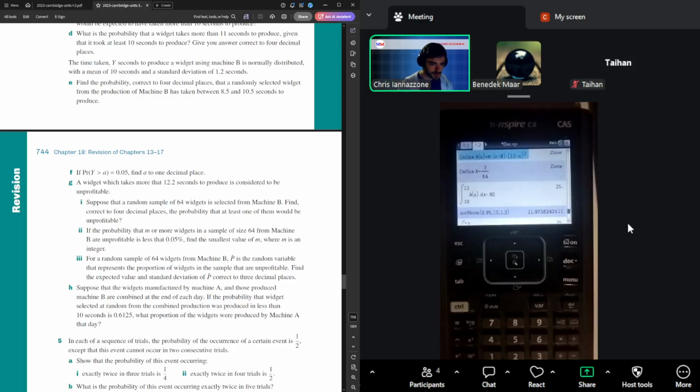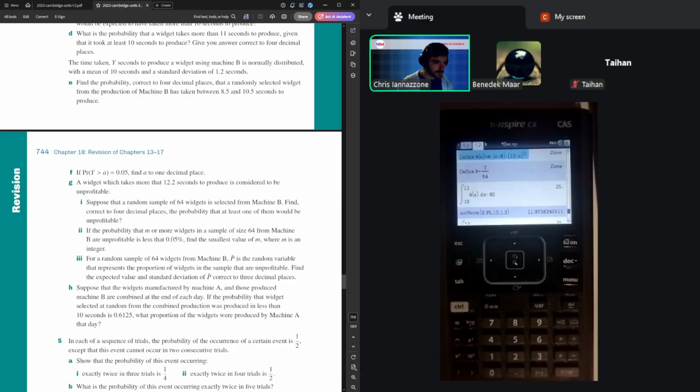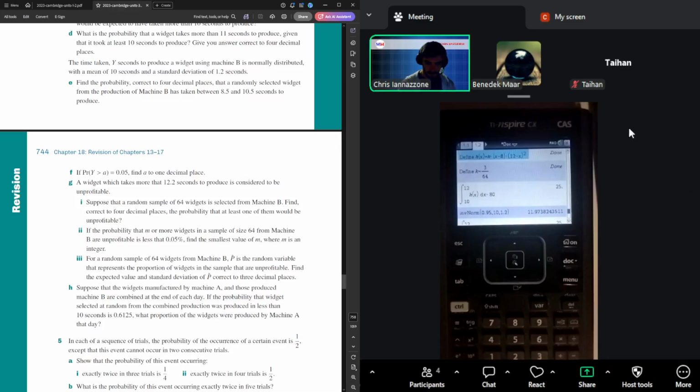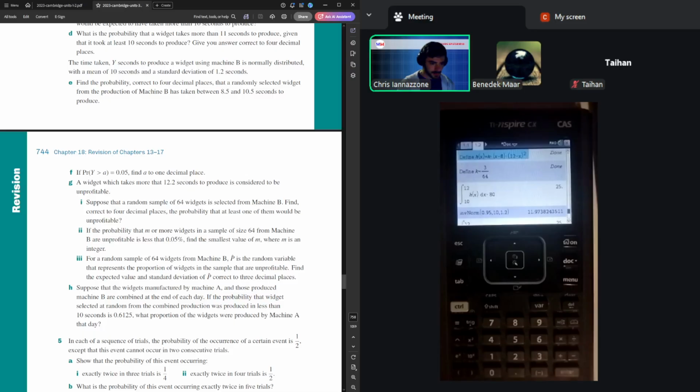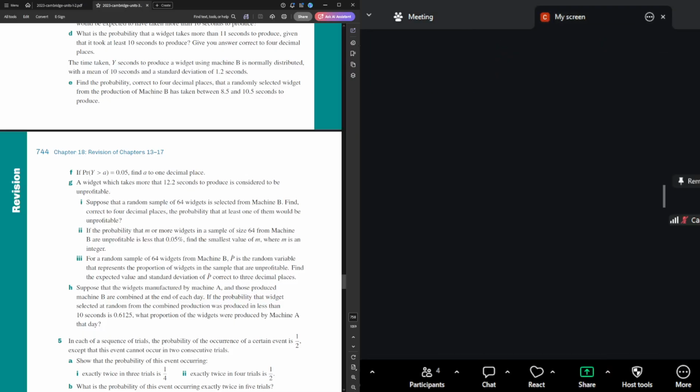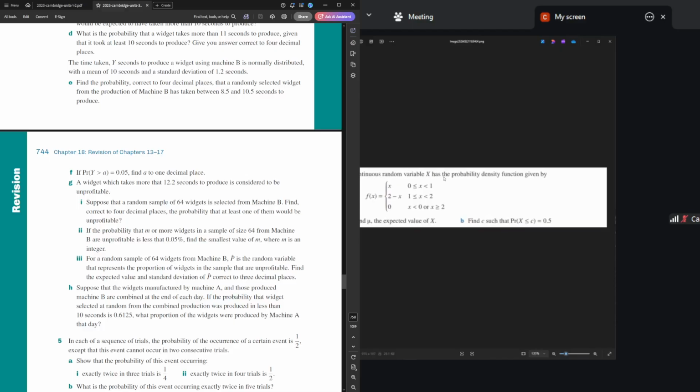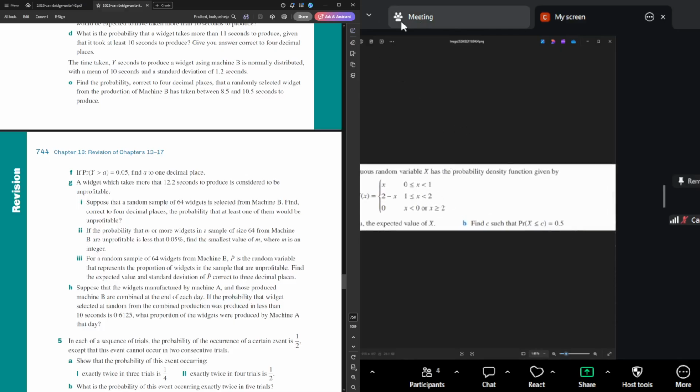Okay, can I set my screen share to chat images? I cannot. Let me just download this PNG, open the PNG, and set the screen share. Hopefully that's readable.